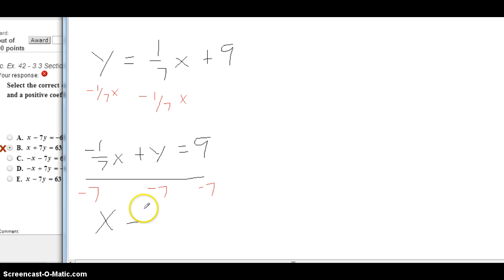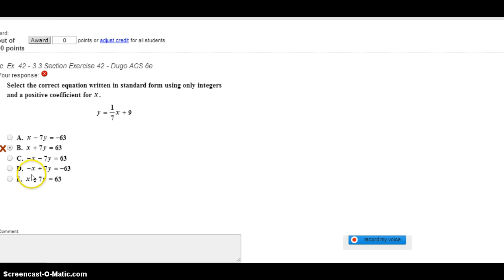And y times a -7, and 9 times a -7. So I chose -7 because we had to cancel out this fraction in front of the x, and we wanted to make it positive. So x minus 7y equals -63. That would be choice A here.